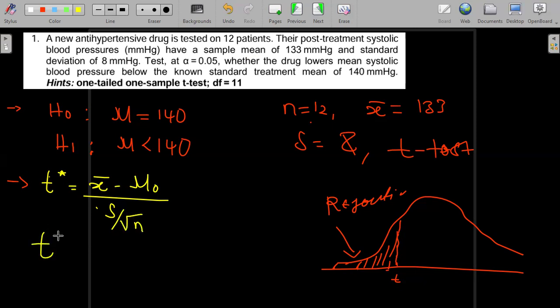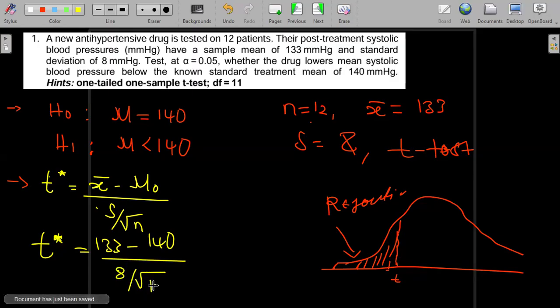So let's calculate. t calculated equals 133 minus 140 divided by 8 over square root of 12. When I evaluate this, I get approximately minus 3.03. So this is the t statistic that I've calculated.